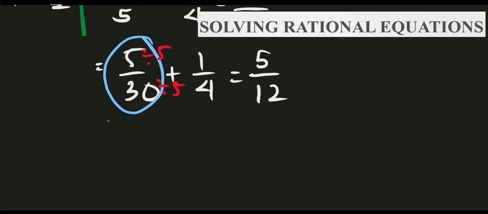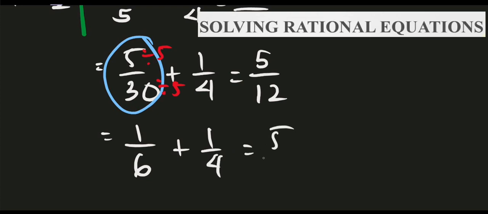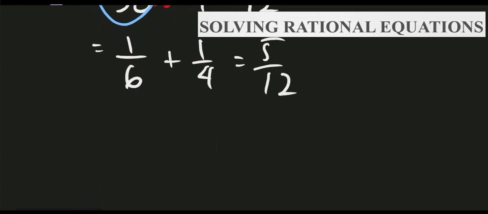Therefore, 5 over 30 is actually equal to 1 over 6. Okay? The reduced form of 5 over 30 is 1 over 6. So let's continue. That means it will give us 1 over 6 plus 1 fourth is equal to 5 over 12. And let's double check this one.